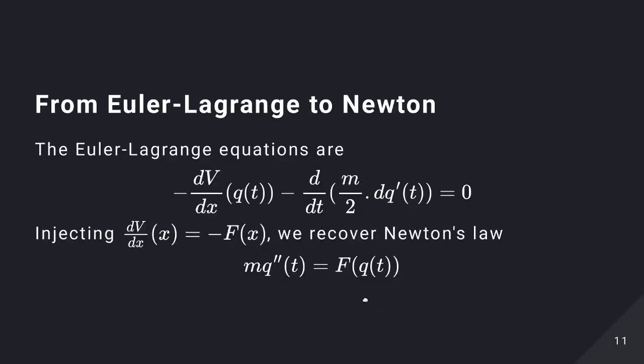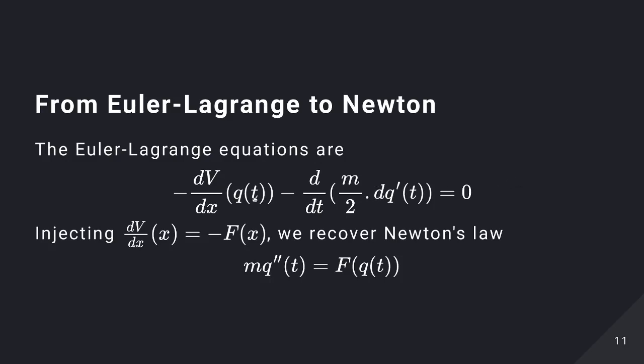And to get from the Euler-Lagrange equations back to the classical Newton equation, we can just express the Euler-Lagrange equation of our system. So we have the derivative of the potential minus the derivative in time of the kinetic energy. I think I missed, yeah, this should be a d, it should be a 2.